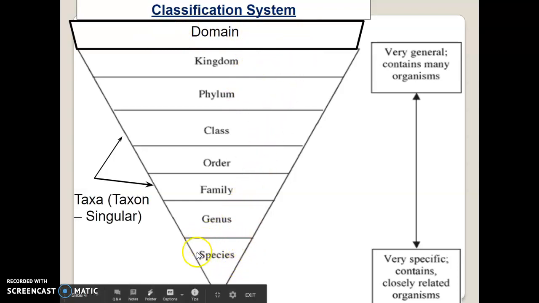In fact, the most specific is the species. And a species is a grouping of organisms that are so closely related to each other that they can interbreed and produce fertile offspring. This is something that we saw in ecology. When we're talking about species, we're talking about population. So we're talking about the most related group of organisms.